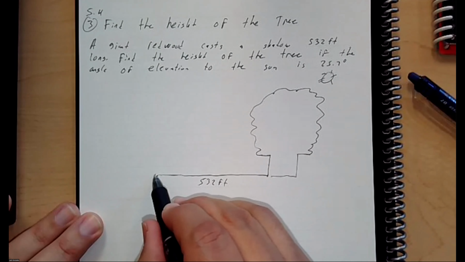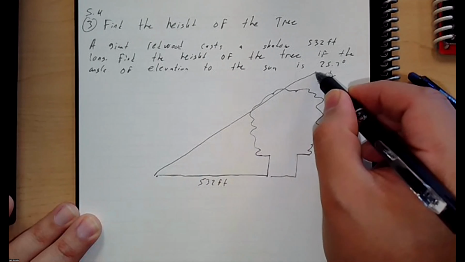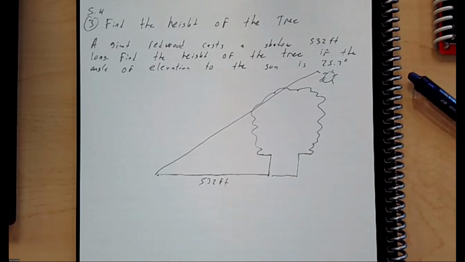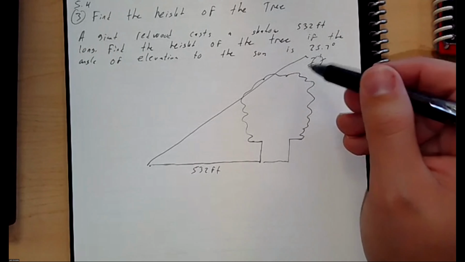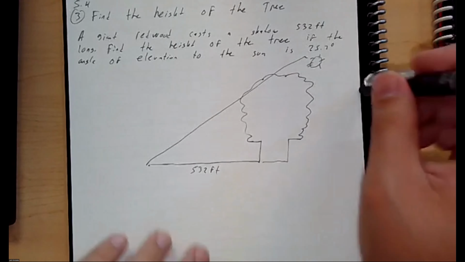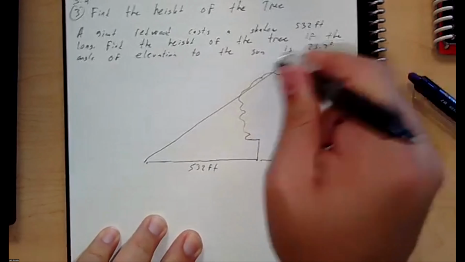Angle of elevation to the sun. It's over here. It's a horrible drawing, but oh well. So as you can see, the height that we want is going to be this side, right? See if I can draw that a little better.